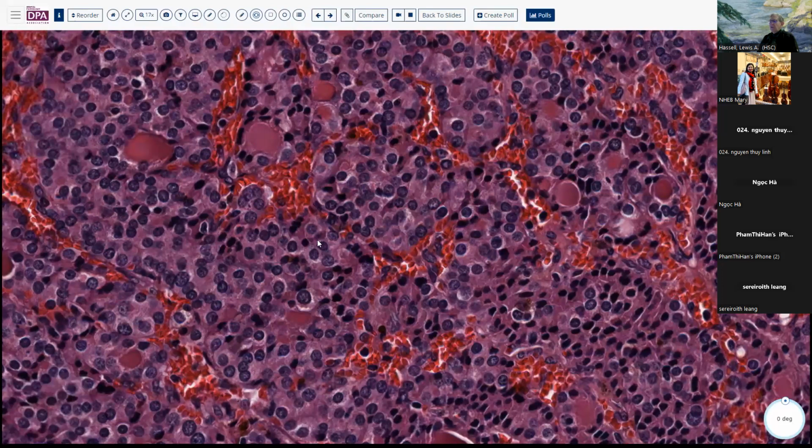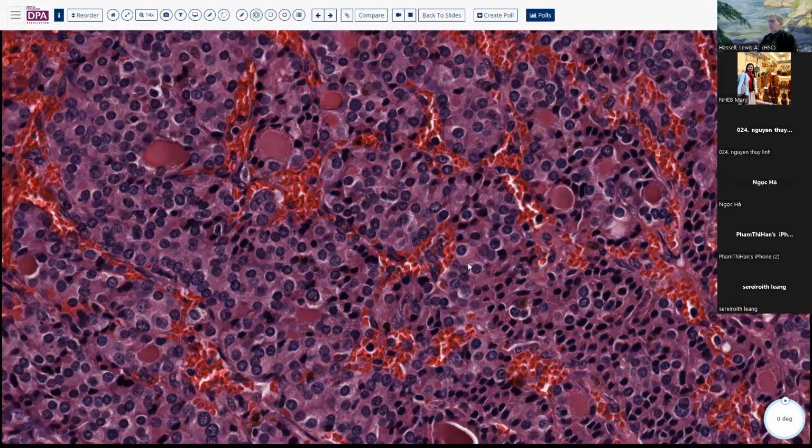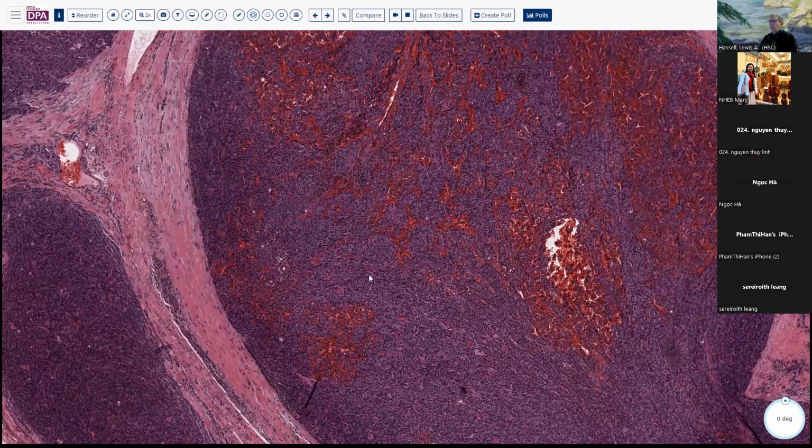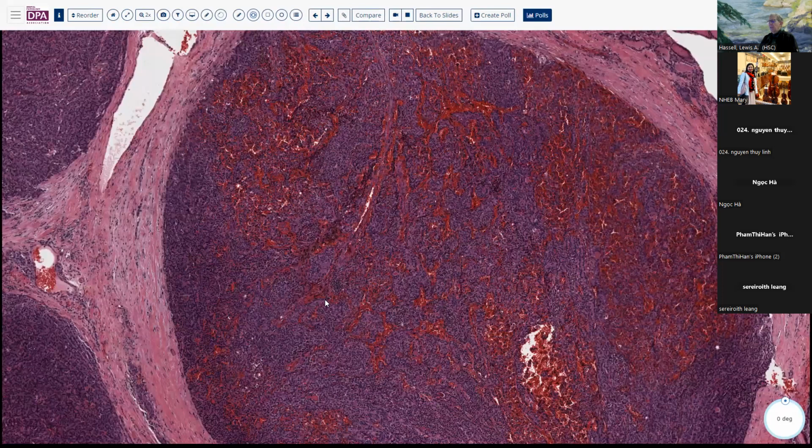You can see here, if I just gave you this one field, you might say this looks like a cellular follicular adenoma. We have a couple of follicles here, round nuclei, and so forth.